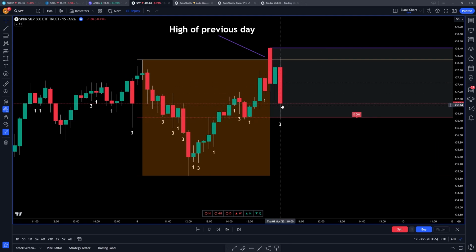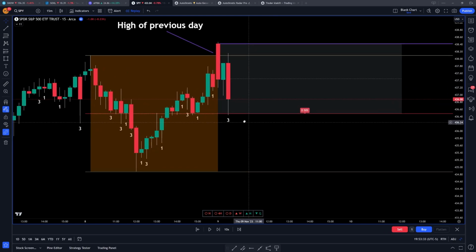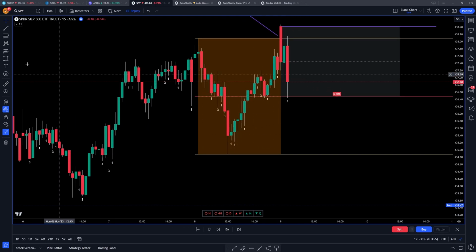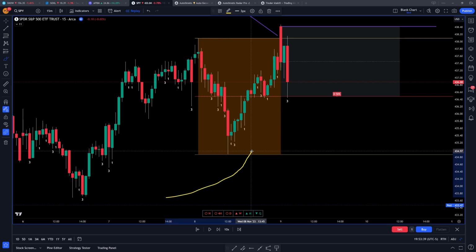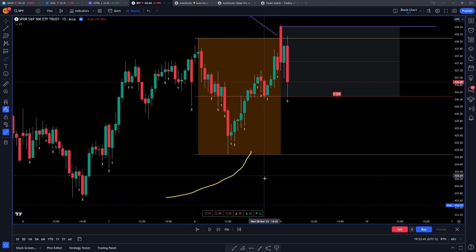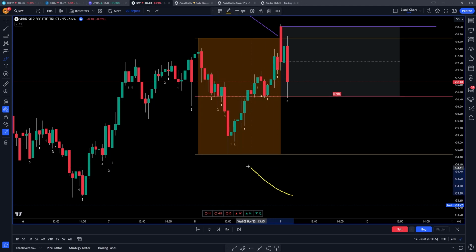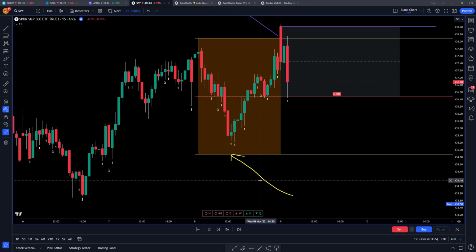So from these three candles, on the 15-minute time frame, only 30 minutes into market open, we already knew with high probability that we can fall to the bottom, the low of the previous day. Okay, everyone's following?